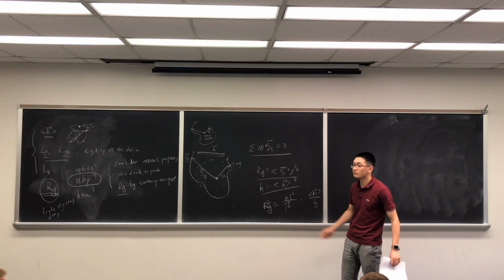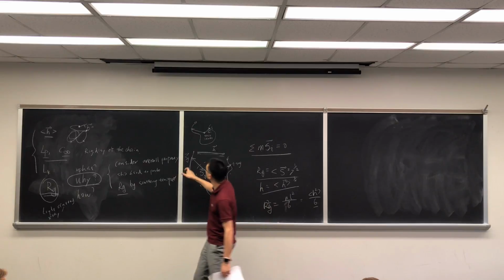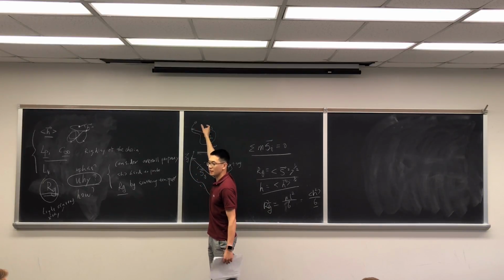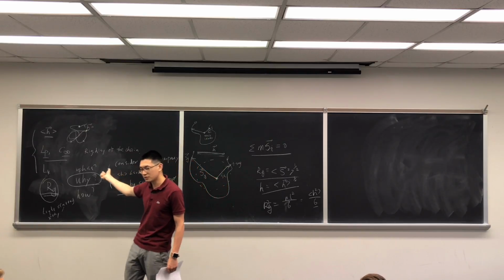So it's a factor of 6 times smaller. If your end-to-end distance on average is a value, then Rg is the value divided by √6.